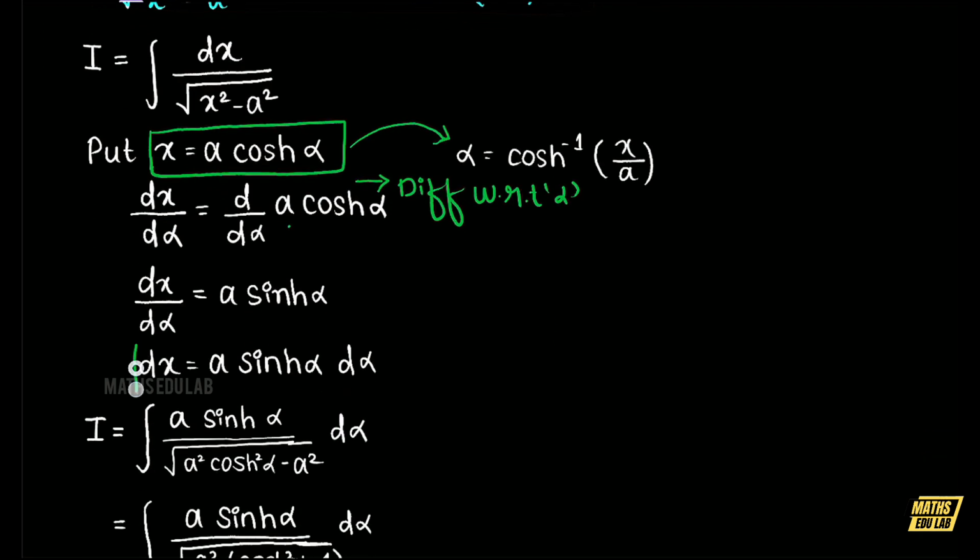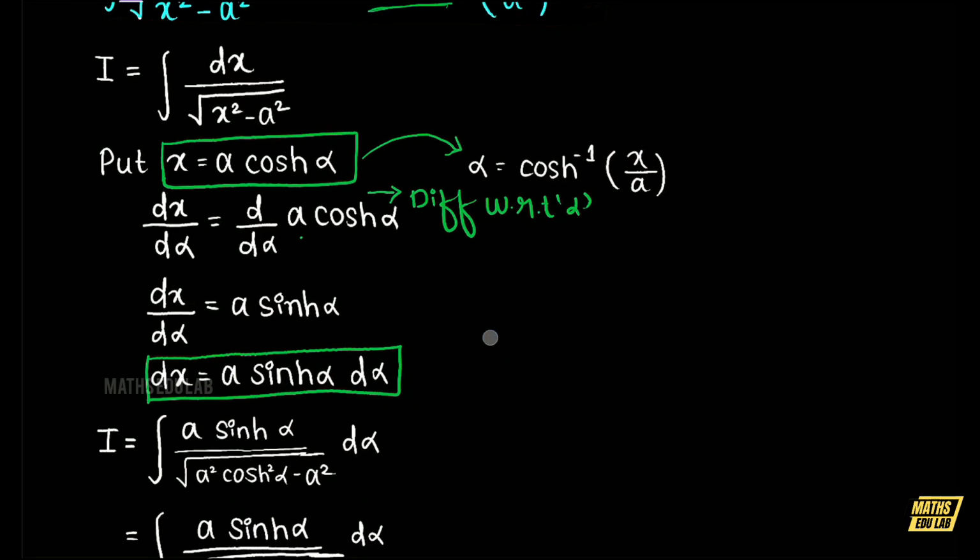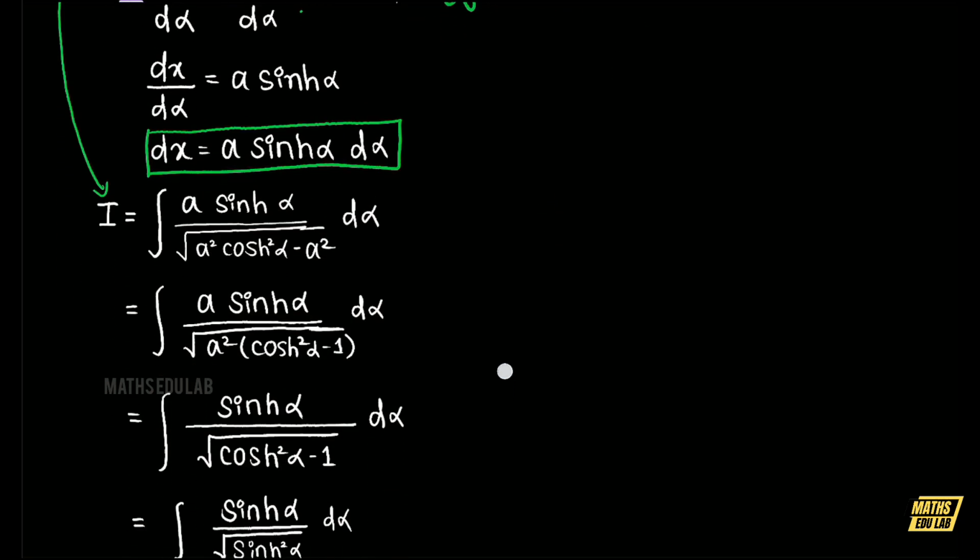So I got dx equals a sin hyperbolic alpha d alpha, where d alpha has been multiplied across. Then just substitute the values. I equals integration of a sin hyperbolic alpha d alpha in the numerator, and in the denominator root over x square minus a square. The x square value is a square cos hyperbolic square alpha, minus a square, which I have considered as constant and written here.